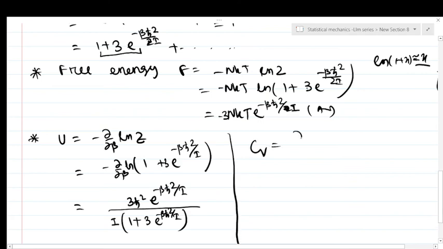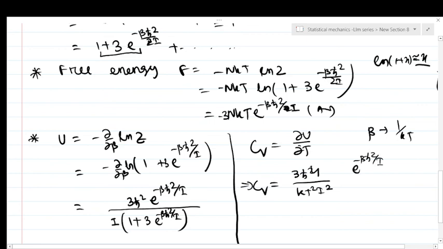Then you can find out the C_v as del U by del T. Convert beta to 1 by kT, or T to beta, then you will find that C_v will be 3 h cut square divided by kT square I square, sorry, h cut to the power 4, e to the power minus beta h cut square by I, and not minus, it's plus, e to the power beta h cut square by I plus 3, whole square.